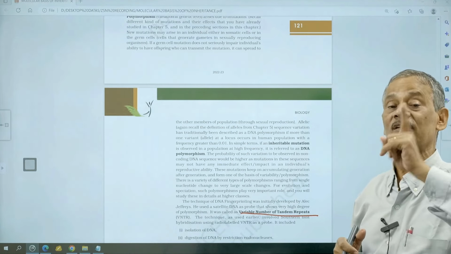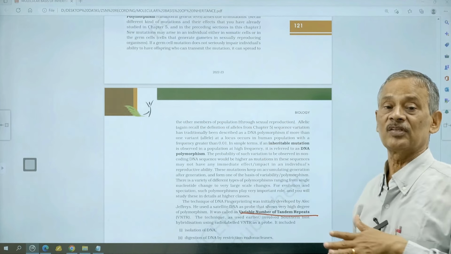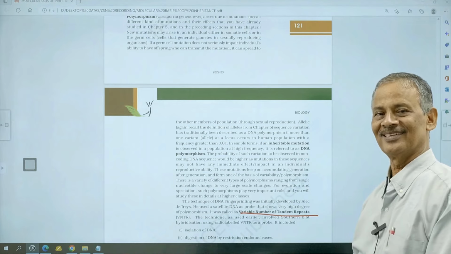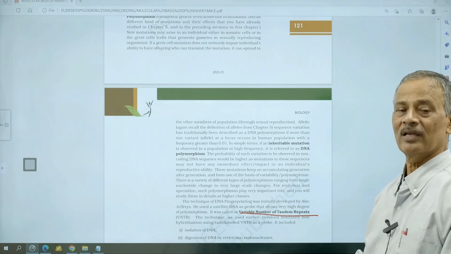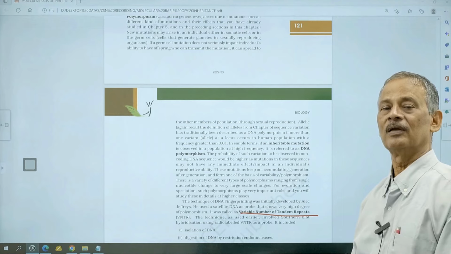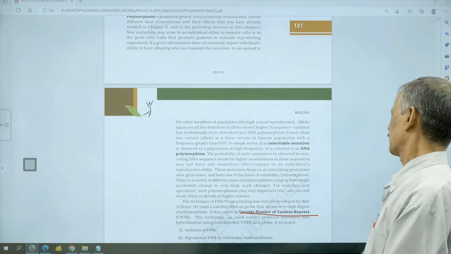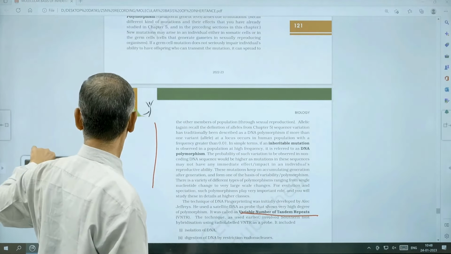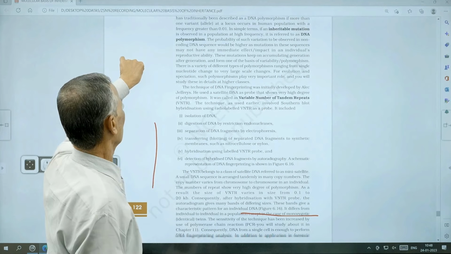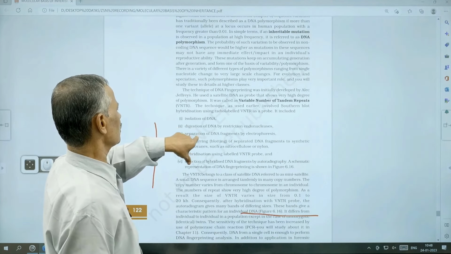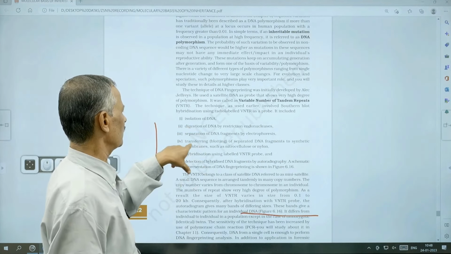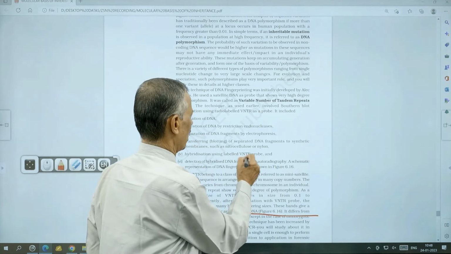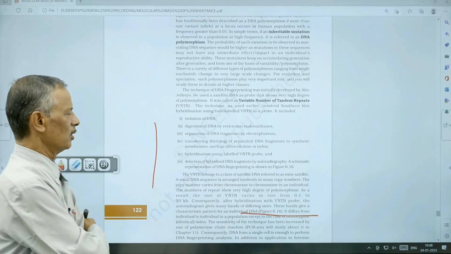Your fingerprint is unique for your DNA. It will never be the same for anybody else. Even for identical twins, there will be some differences. Okay, so this is the technique used here: isolation of the DNA, digestion with restriction enzyme, separation with electrophoresis, blotting, hybridization using a radioactive labeled VNTR probe.